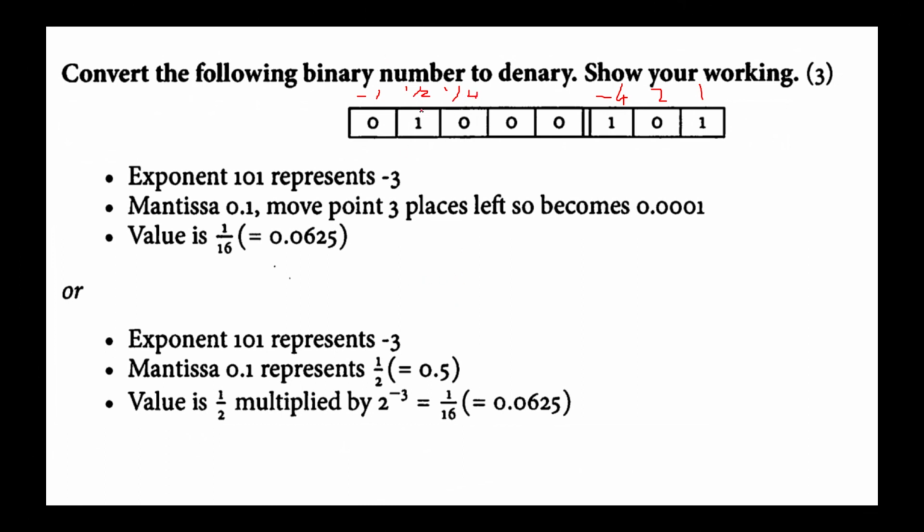So you just take the half, which is 0.5. Value is half multiplied by 2 to the power of -3, which equals 1/16, which equals that number. I think it would actually be a good idea though, as well as the fraction, to actually do the real value of it as well. So let's have a look at the next question.